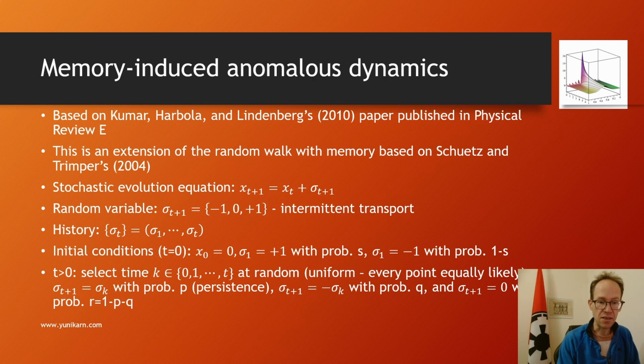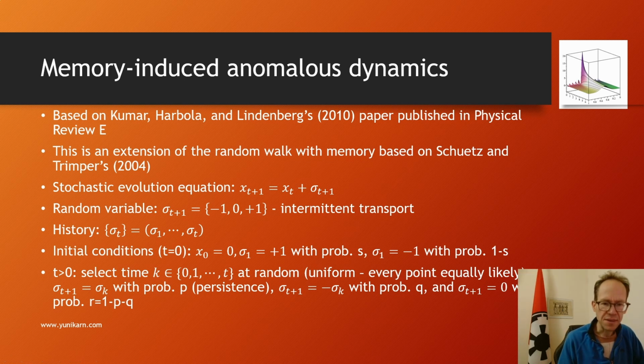And there is no prior history for selecting the first random variable. So what we do is we move to the right with probability s and to the left with probability 1 minus s. Note that I modified the notation in line with the paper.